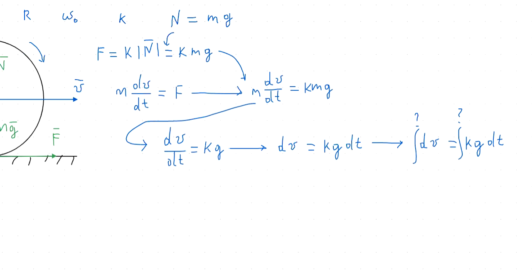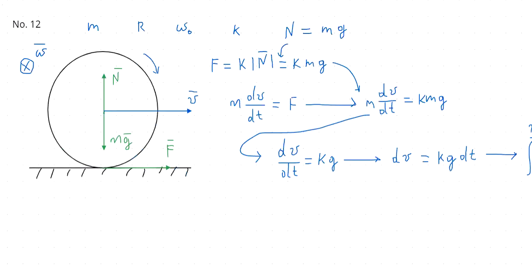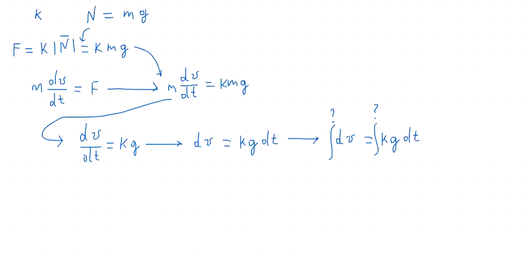Here we have initial velocity. What is initial velocity equal to in our case? It is equal to 0.